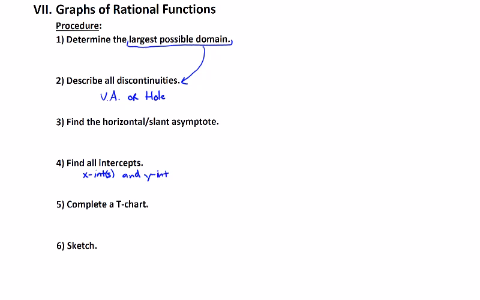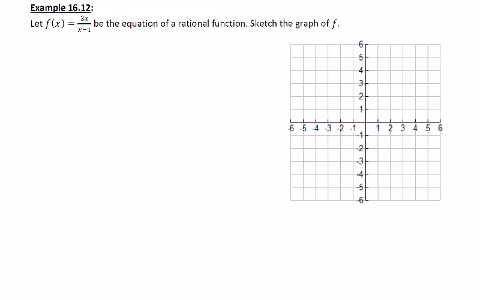And then I have a step 5 here where it says to complete a t-chart, and we'll talk more about that when we look at the first example. And then finally, once you're done with your step 5, you make your sketch. You'll put everything together.